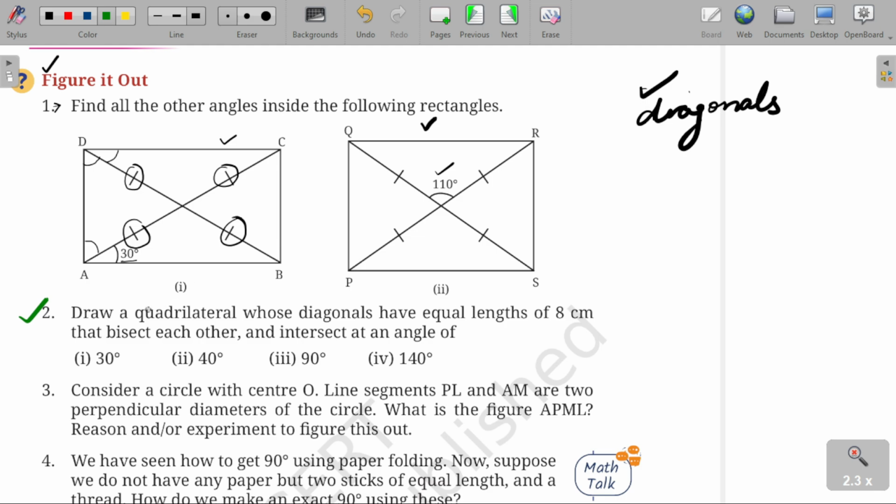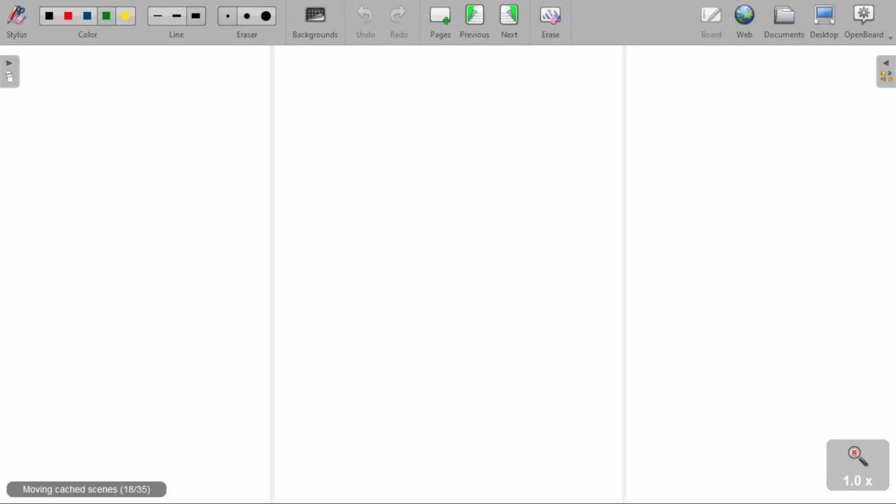Question number 2 is: draw a quadrilateral whose diagonals have equal length of 8 centimeters, bisect each other, and intersect at an angle of 30 degrees, 40 degrees, 90 degrees and 140 degrees. So see how to solve it.